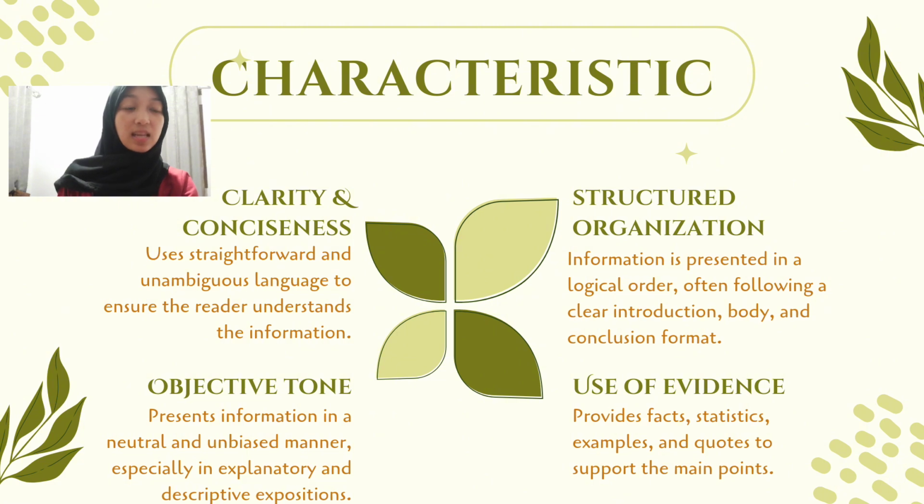Information is presented in a logical order, often following a clear introduction, body, and conclusion format. 3. Objective tone. Present information in a neutral and unambiguous manner, especially in explanatory and descriptive exposition. 4. Use of evidence. Provide facts, statistics, examples, and quotes to support the main point.